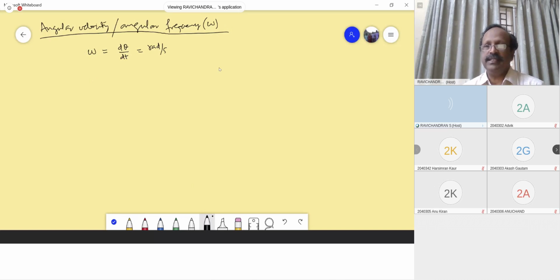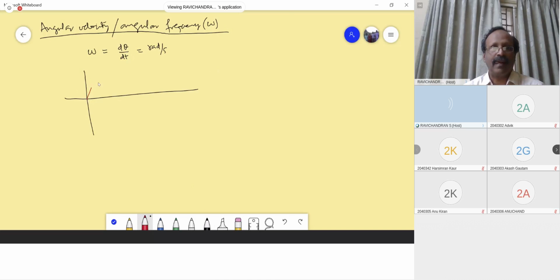I want to give one diagram to explain this. Look at this. This is a crest, the maximum displacement. It starts at x equal to 0, t equal to 0, and it has completed one oscillation up to this.